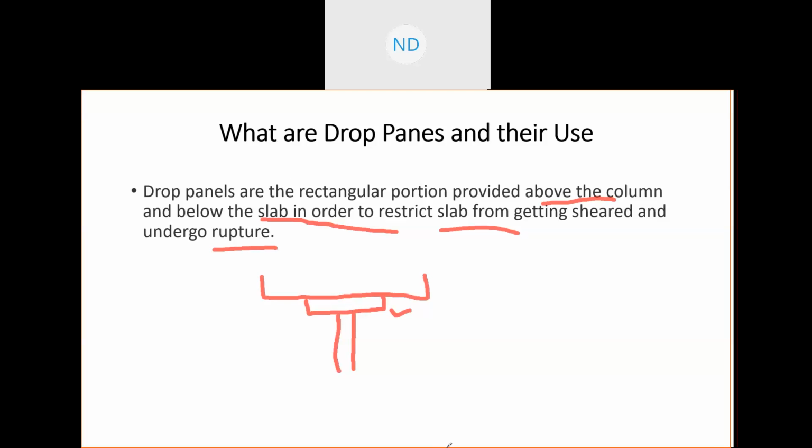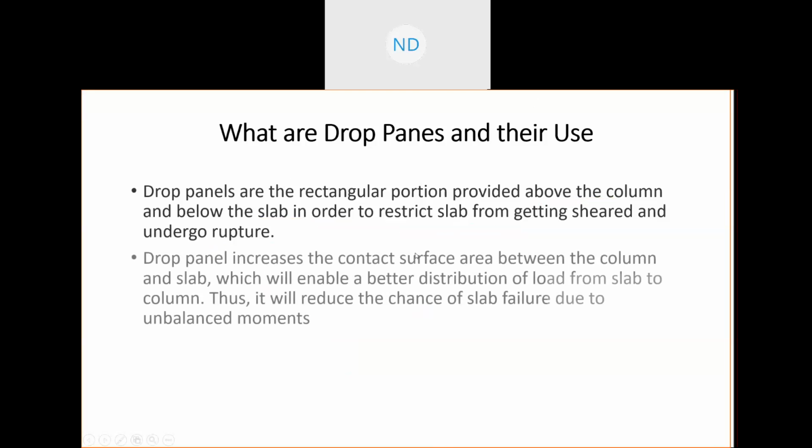Now if we go to the next, a drop panel increases the contact surface area between the column and the slab, which will enable a better distribution of load from slab to column. Why do we use drop panels? We use them such that they give a better distribution of load from the slab to the columns.